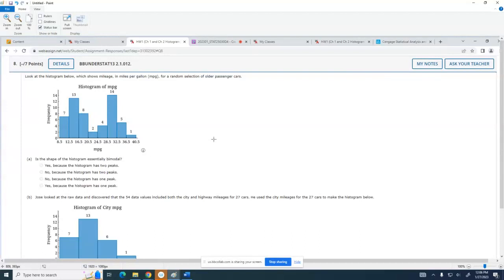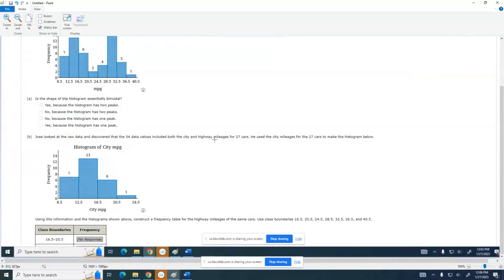So when you go to the next part, can I see the next part here? Yes, the very first one. We can make a frequency table for highway. See, the very first one, no highway. The second one, no highway. But the third one is between 16.5 and 20.5: 6 in the city.